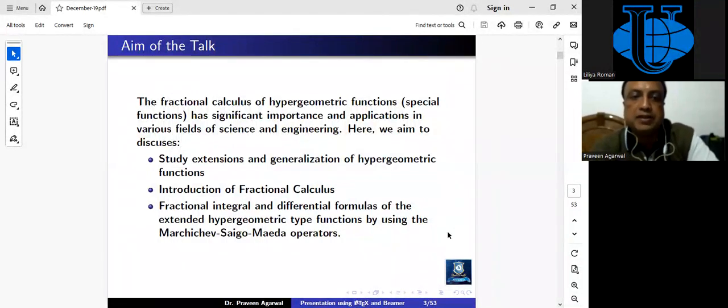Here we aim to discuss the study of extensions and generalizations of hypergeometric functions. Then we discuss a little bit the introduction of fractional calculus, which is a part of the new calculus. And then we discuss the fractional integral and differential formula of the extended hypergeometric type function by using one of the very well-known fractional operators, the Marichev-Saigo-Maeda operators.